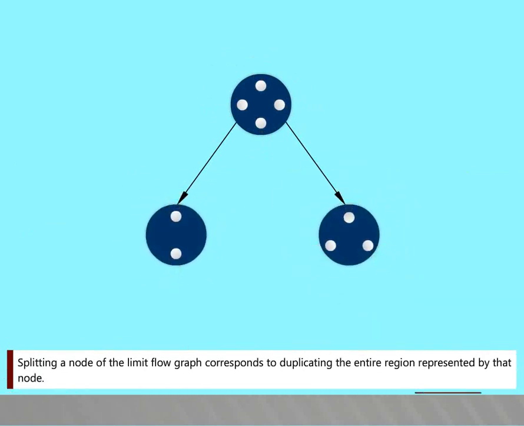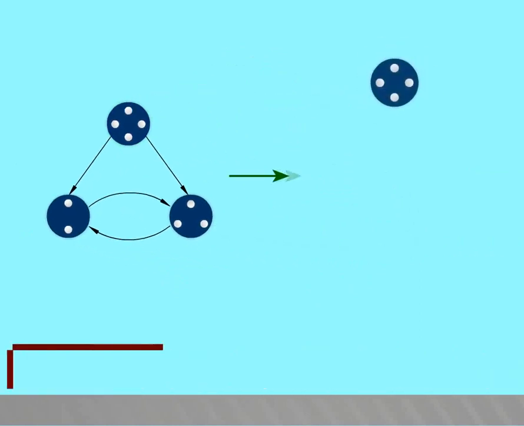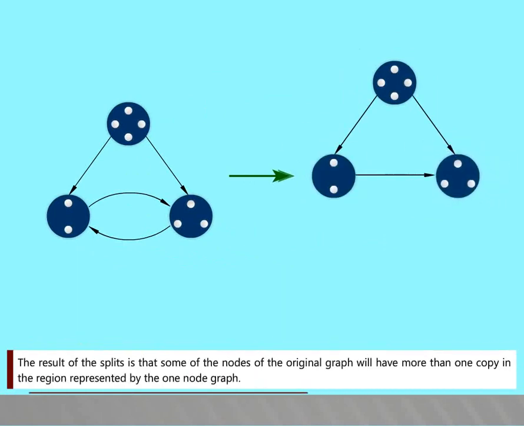Splitting a node of the limit flow graph corresponds to duplicating the entire region represented by that node. The result of the splits is that some of the nodes of the original graph will have more than one copy in the region represented by the one-node graph.